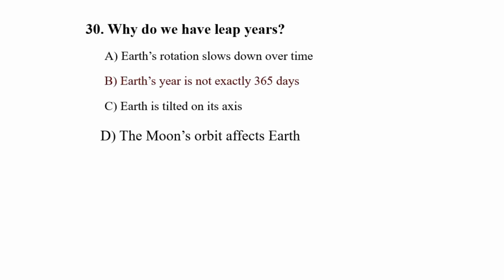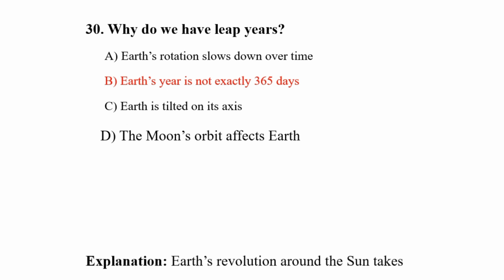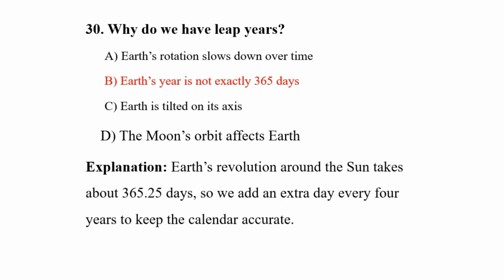The answer will be Earth's year is not exactly 365 days. Earth's revolution around the Sun takes about 365.25 days, so we add an extra day every 4 years to keep the calendar accurate.